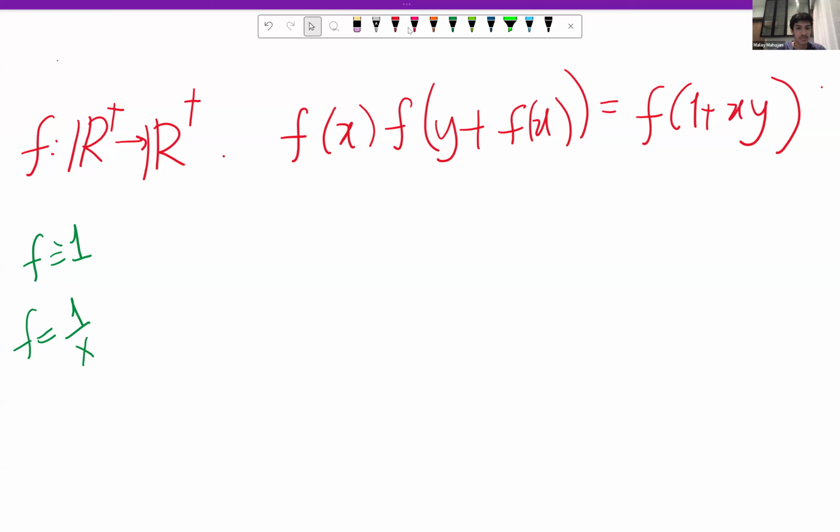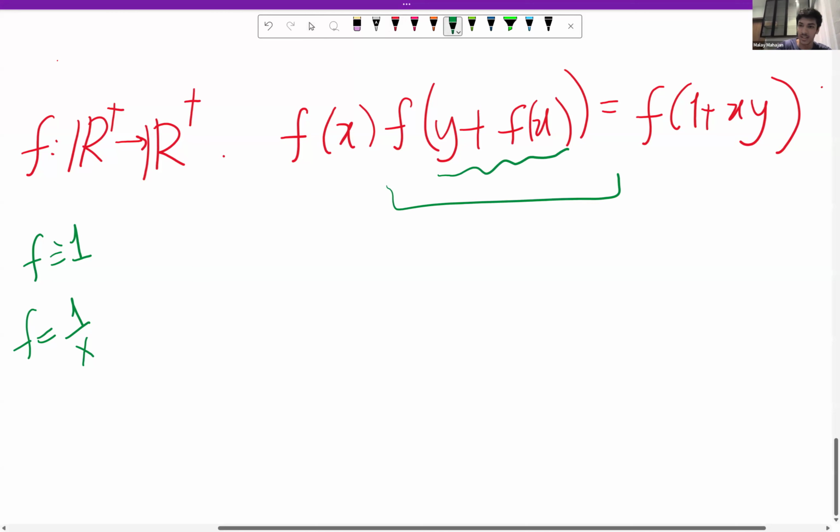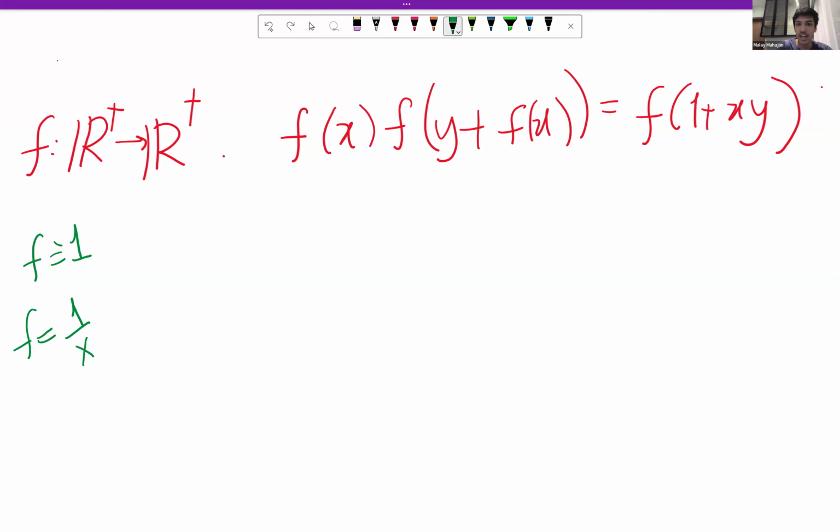As pointed out in chat, you try to force this thing to be equal to this. There are too many terms in this.